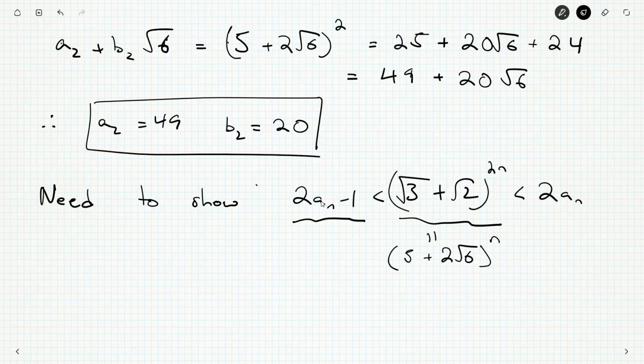how might we show that? Well, if I can borrow some of the stuff I know from Pell's equation, sometimes I think it's fairly good to leave these things together. So, root 3 plus root 2 squared, we know that this is 5 plus 2 root 6.